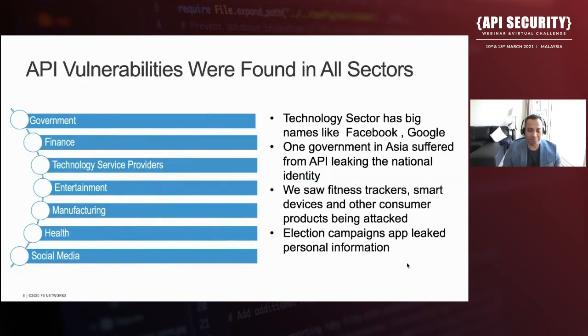And not to mention, moving far away, there were election campaigns that were compromised and APIs were abused. This one is particularly from the recent US elections, where both sides of the campaign had a mobile app which actually saw breaches. So those are all interesting things: people have data and other people are just trying to get hold of that data. And that's when they will figure out any possible means or mechanisms to get access to the data, right?